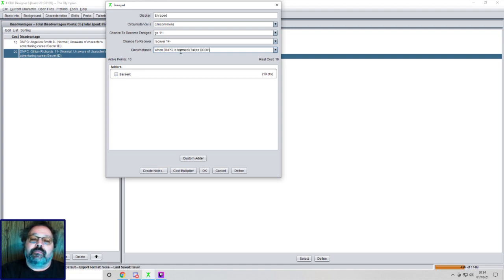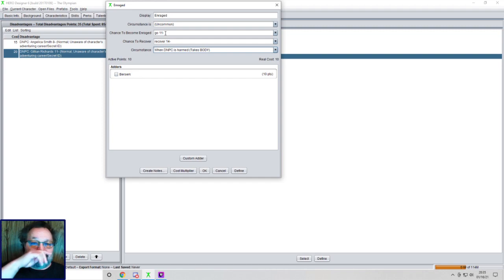Body. Okay. So what this means is enraged is a form of berserk, or berserk is a form of enraged. The circumstance is uncommon. His DNPCs may get into trouble a lot, but they really shouldn't come under fire from the people that are after somebody like the Olympian. So it's an uncommon circumstance that they would take harm, even though they do get into trouble quite a lot, especially Jillian.